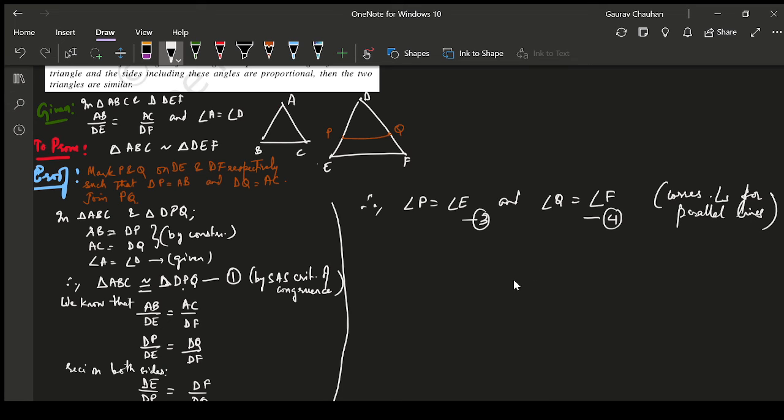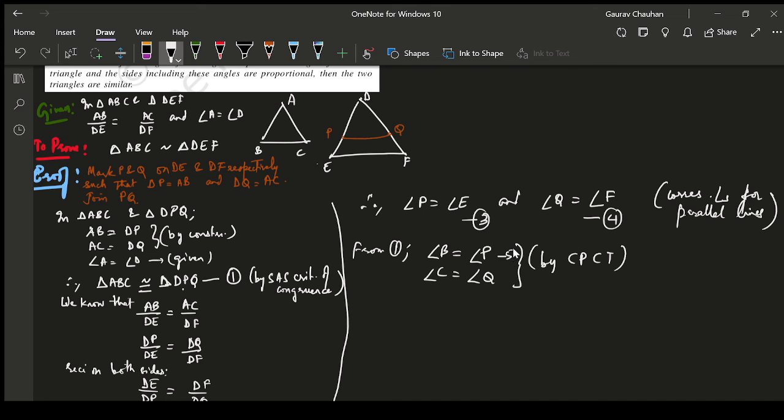Parallel lines are already shown about PQ and EF, right? But if we notice now, let's keep this to a side, okay? But from 1, since these two are congruent triangles, we already have angle B is equal to angle P. Can I say that? And angle C is equal to angle Q. I can say this by CPCT, right?